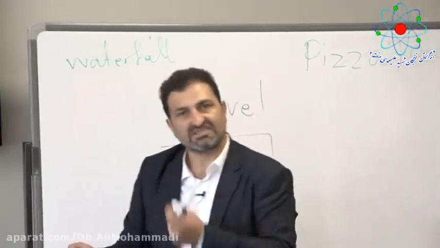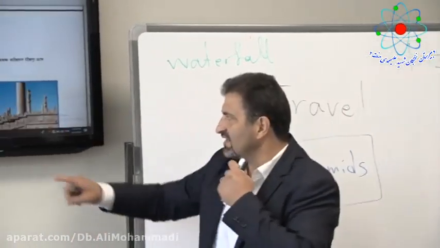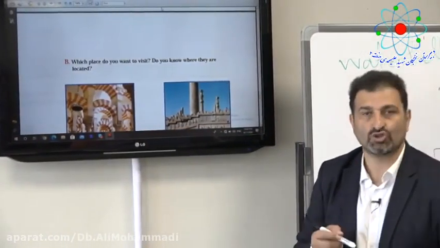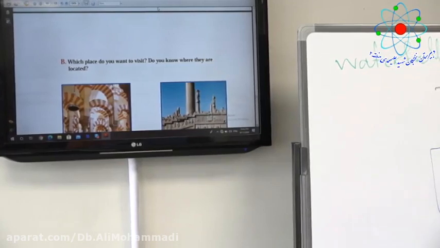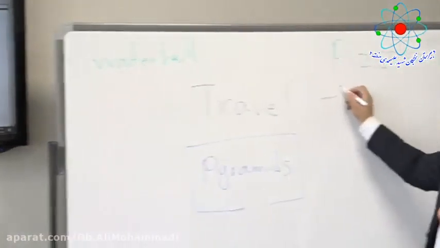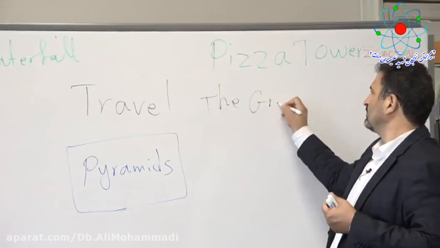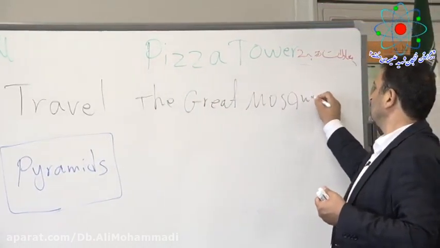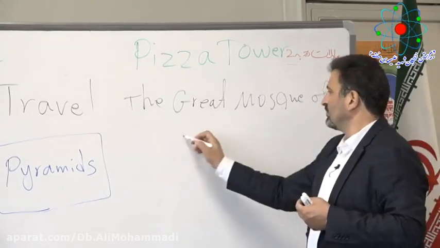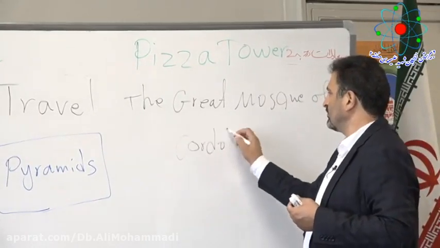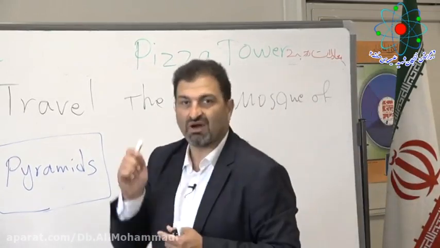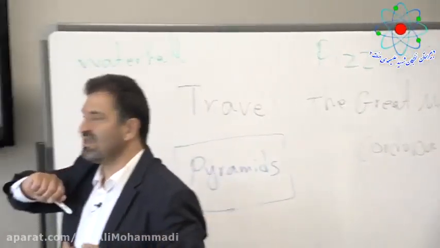So, once again, let's check. This is the Great Mosque of Cordoba in Spain.